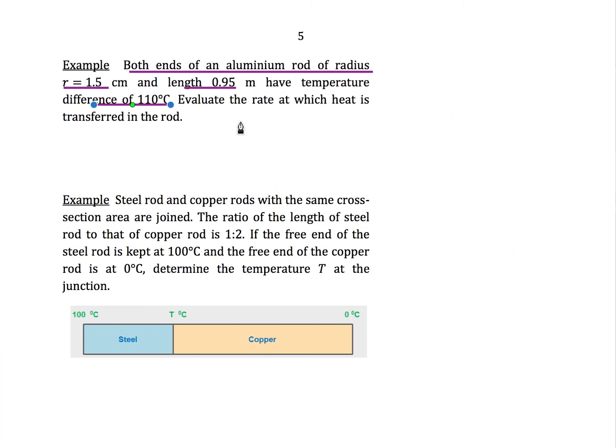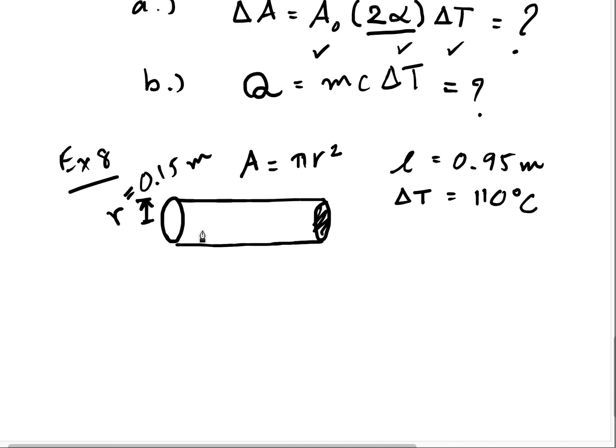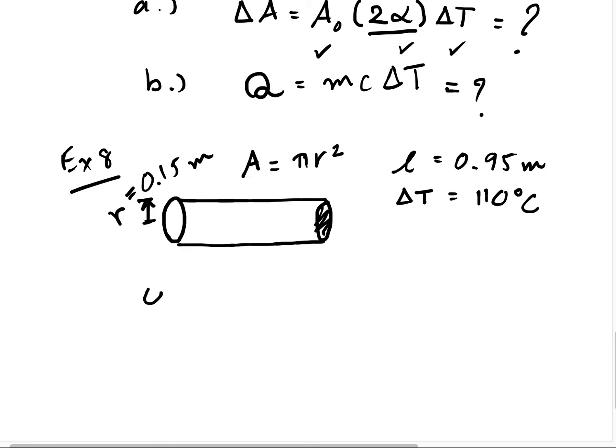What we want to find is the rate at which heat is transferred. So heat transfer is Q, the rate of heat transfer is dQ by dt.